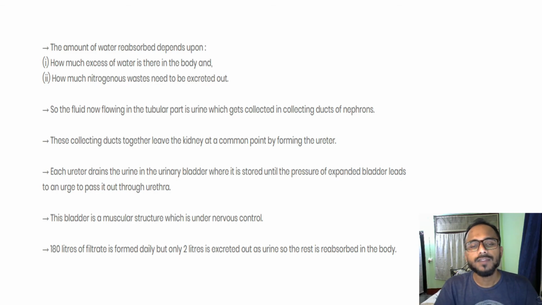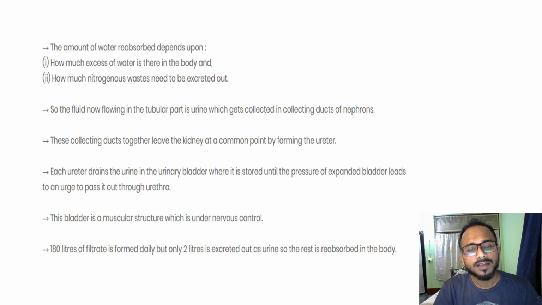That means if the amount of urine collected in the urinary bladder is very small, then the pressure will be low and the bladder will not expand. But if the amount of urine is too high, then the pressure will increase, the bladder will expand, and you will have the urge to pass it through the urethra, that is, you need to go to the washroom.